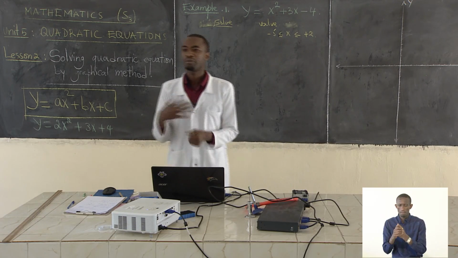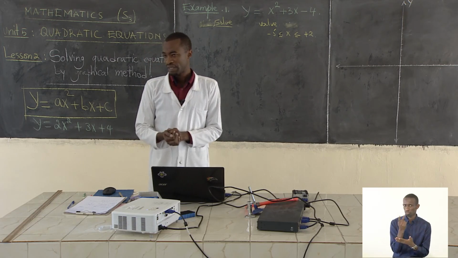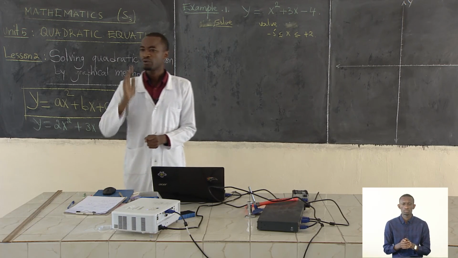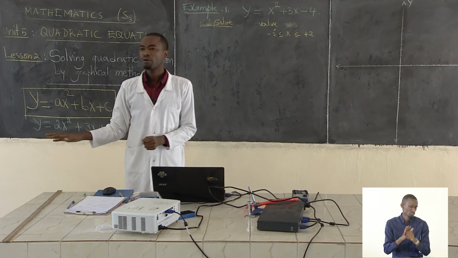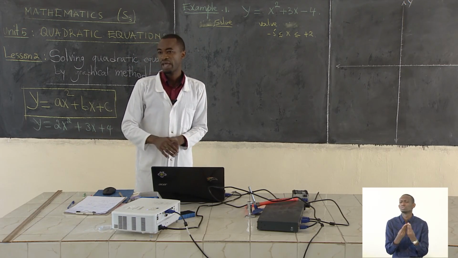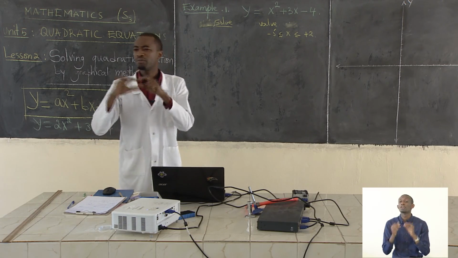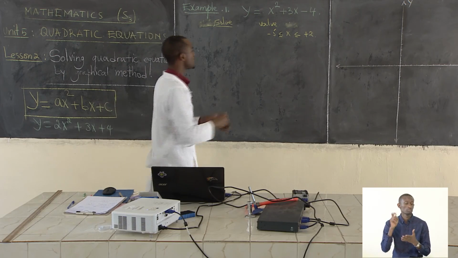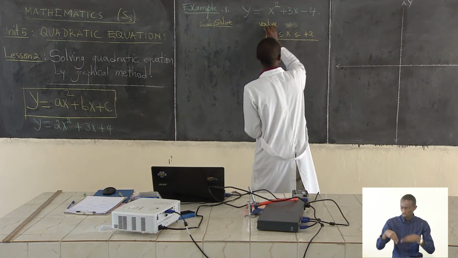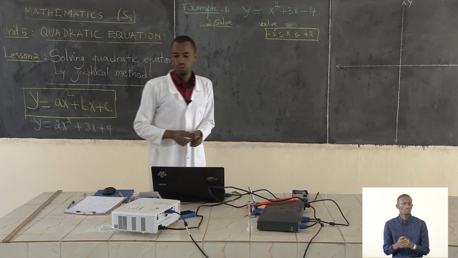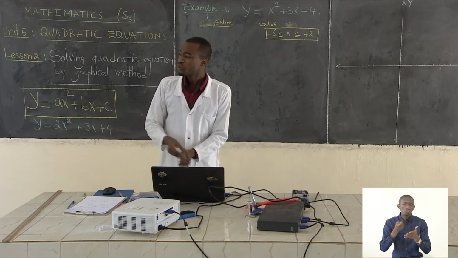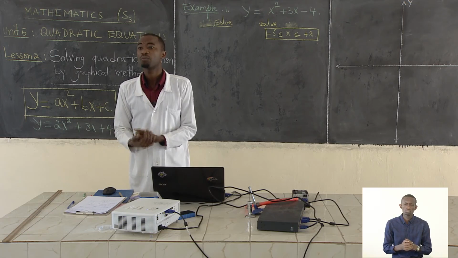Those are the values you will be using when you're solving it. It is very important. You can't solve by graphical methods if you don't have the values for x. Even though you may not be given them, you need to give them to yourself in case they have not been given to you. Now, what we are going to do, we will first of all plot.